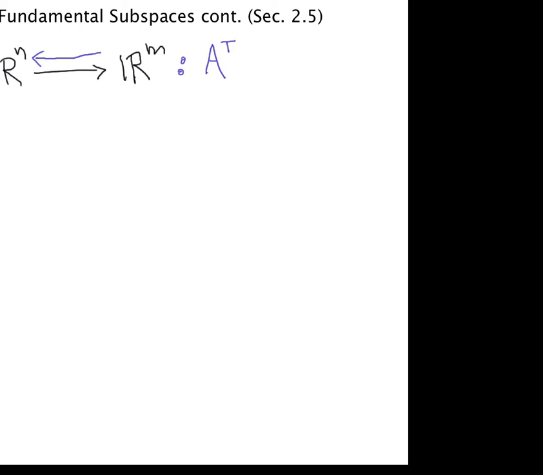We have the kernel of A, and over here I'm going to label it the co-kernel of A. And the co-kernel of A is just another word for the kernel of the transpose.